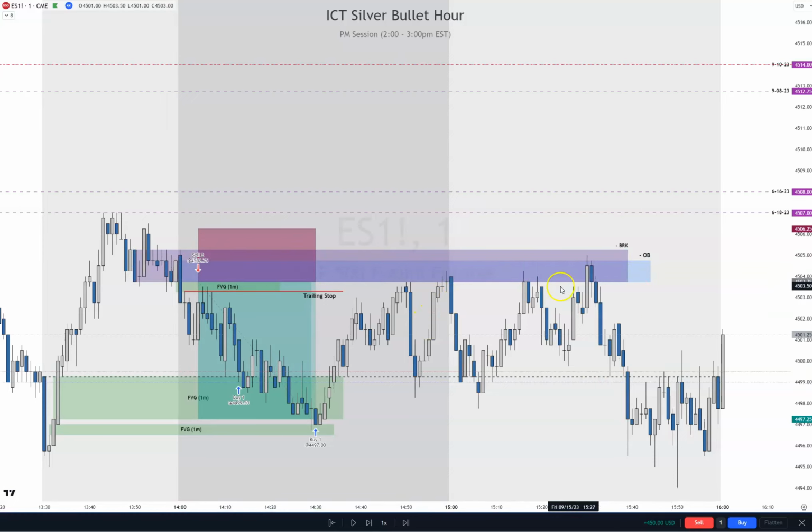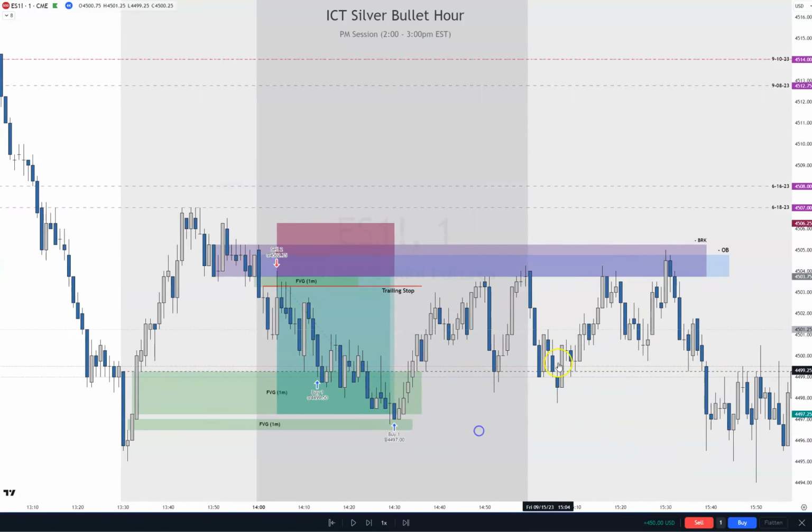How many times does that hold price? Okay. You could have got another entry here if you wanted it. It's outside the 2 to 3 p.m. Eastern time silver bullet range, but I'm just showing you that those two held and still pushed price down. So I just thought that was kind of interesting to see.